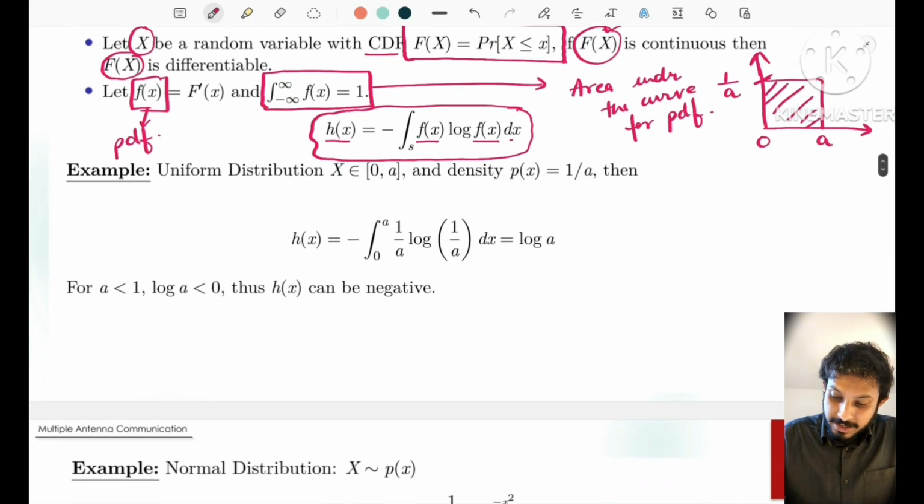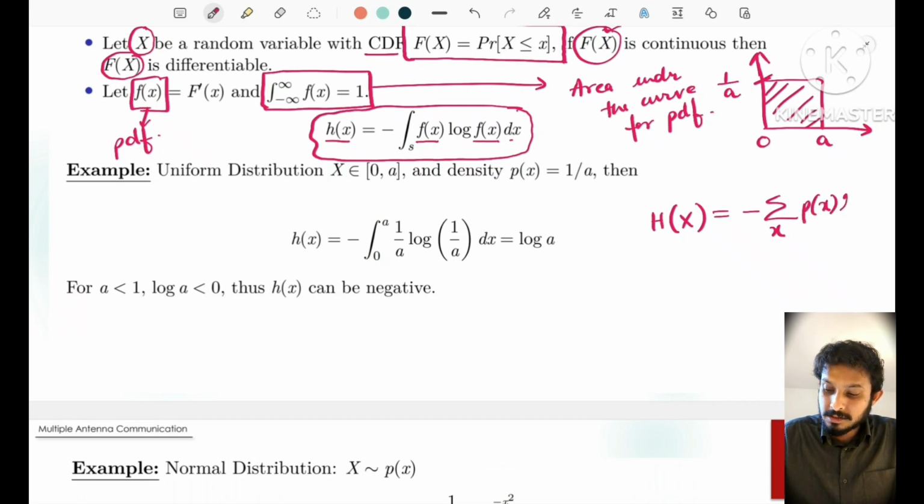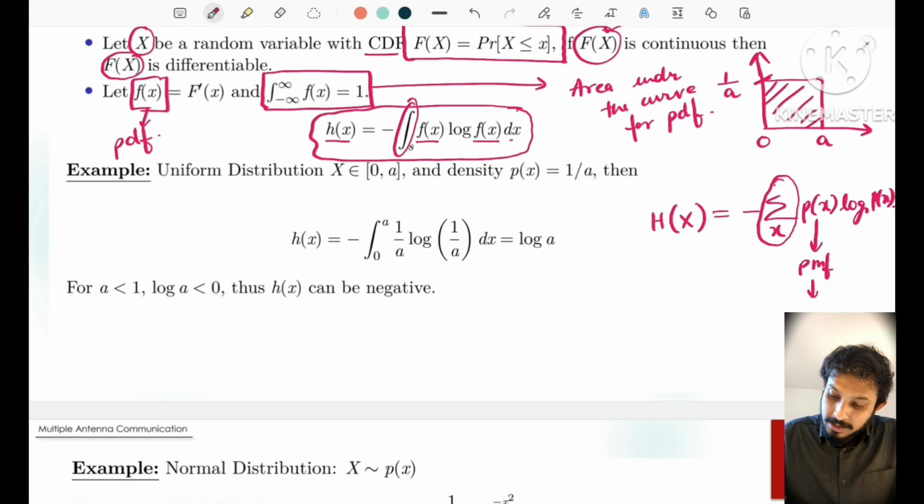For the discrete case, when we studied entropy, we had h of x is equal to minus summation of p of x log 2 p of x. So for the continuous case, we are replacing this expectation by the integration and this PMF, probability mass function, by probability density function f of x.